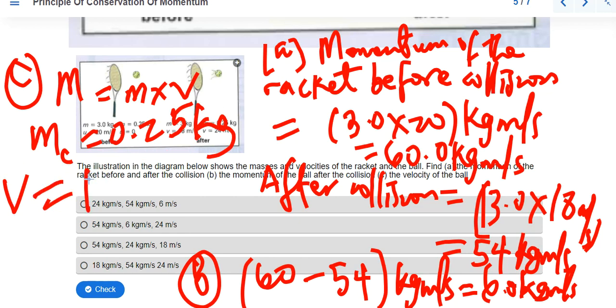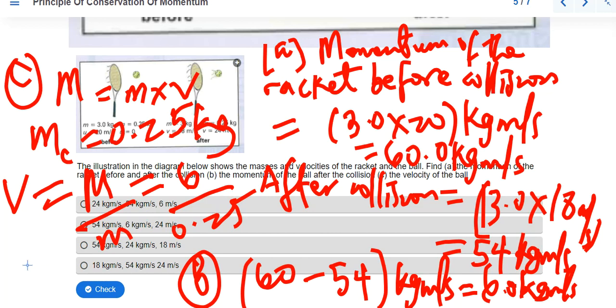So V is capital M over small m, and that gives 6 over 0.25. V becomes 24.0 meter per second.